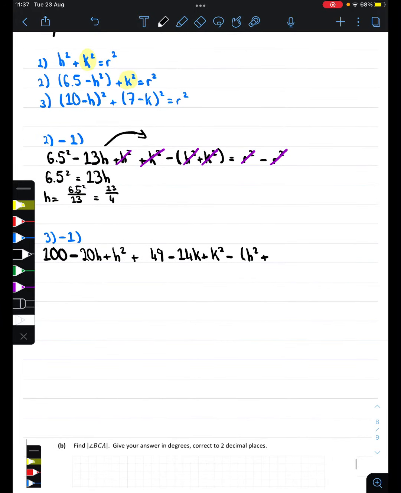And again, this will get rid of the h squared and k squared. And then this equals the right-hand side minus the right-hand side, r squared minus r squared. So again, we get rid of the r.